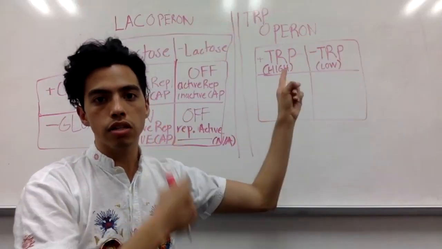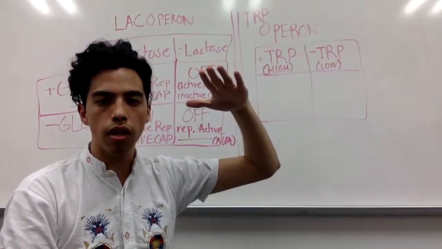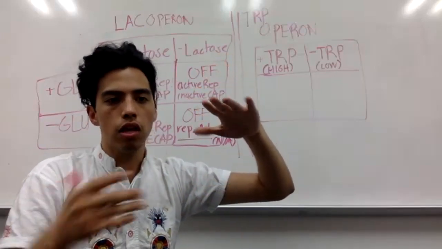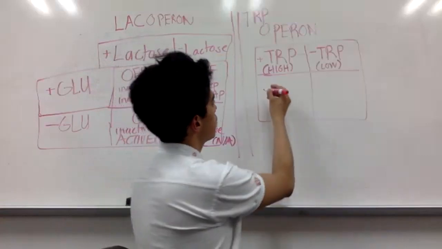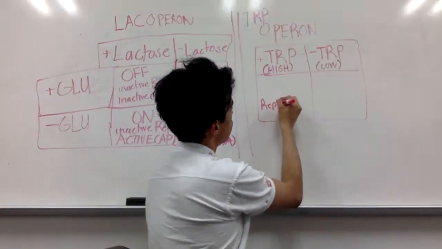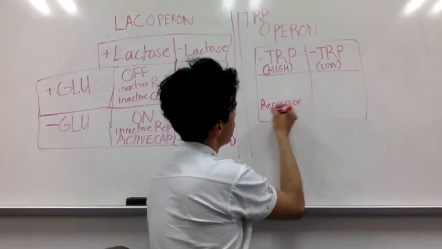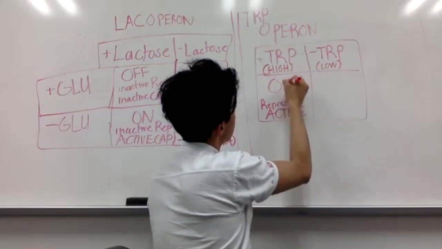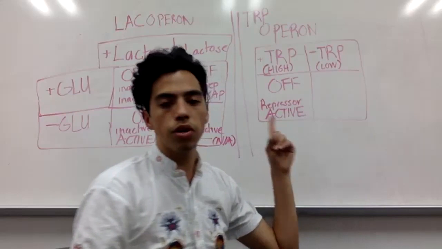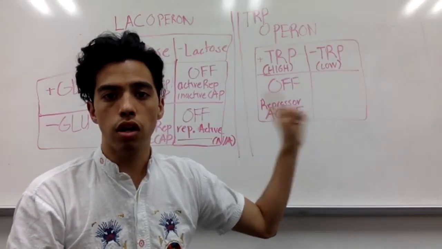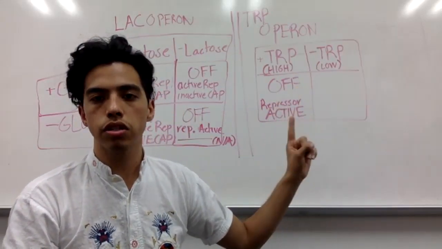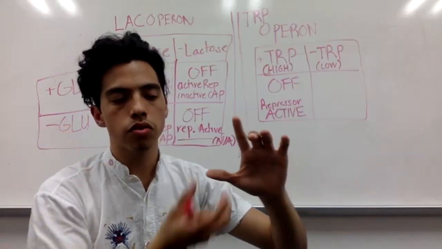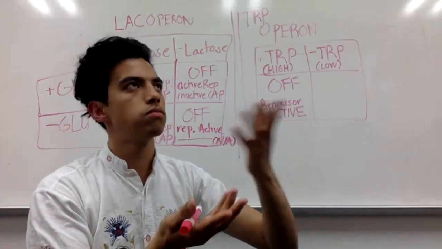So when there are high levels of tryptophan, you don't want the operon on, because you're going to waste energy creating something that you already have. That's the case where you want it off, and the repressor is going to be bound to the operator.